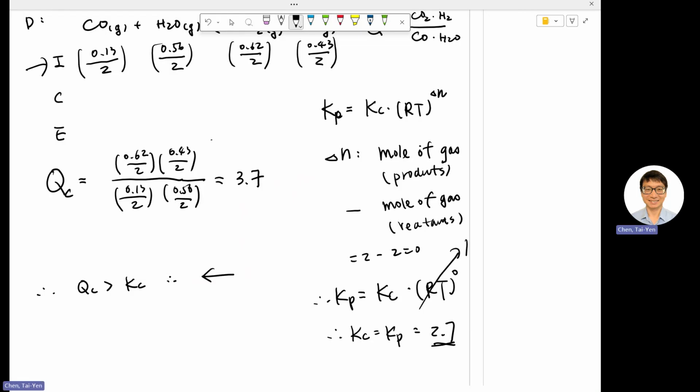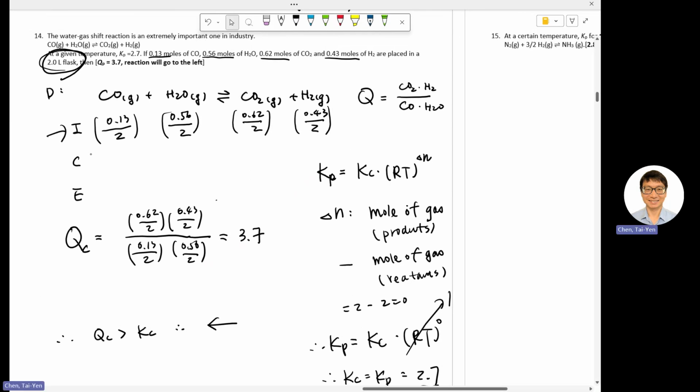Another very important thing: all the numbers that show up in your I row, you can use for your Q. Only numbers at equilibrium can be used for your K calculation, even though the mathematical equations for Q and K are the same. So don't get these things mixed up.